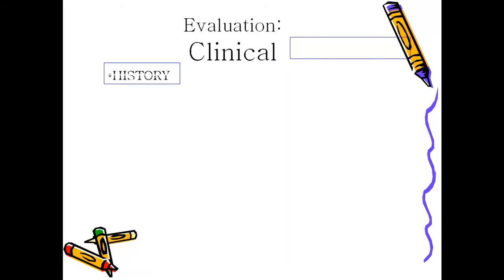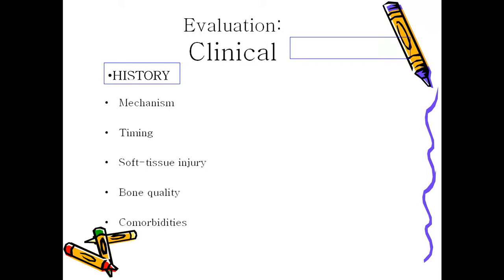Clinically you need to evaluate the history, mechanism of injury, time, and you have to check whether soft tissue injury is present. Bone quality is also very important, because for every fracture bone quality matters, which mainly depends on the age of the patient and metabolic conditions.